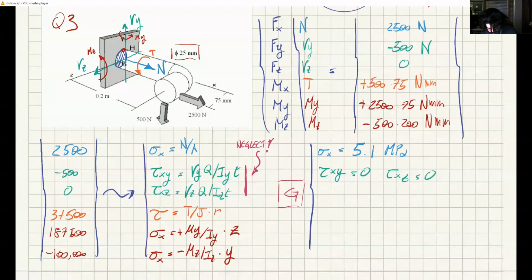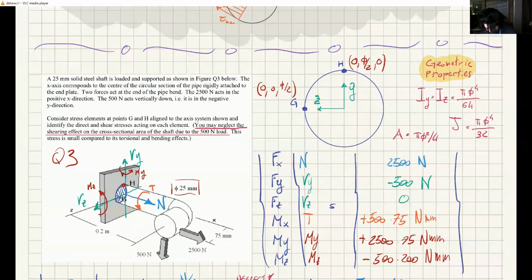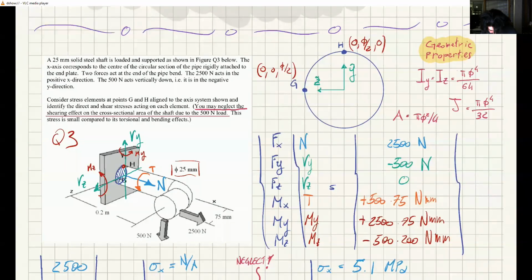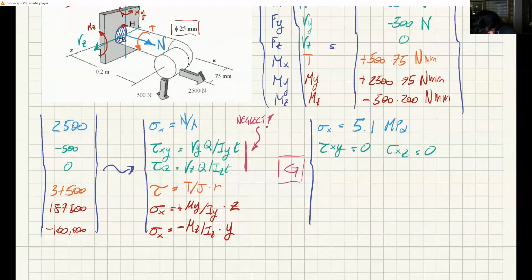Now for G, since the twisting is happening in this direction, this is the twisting torque. So G feels tau xy in this direction.